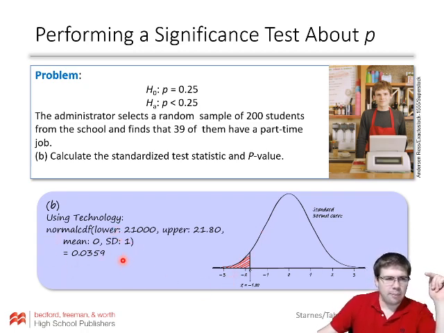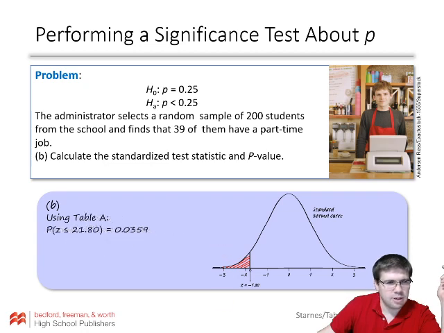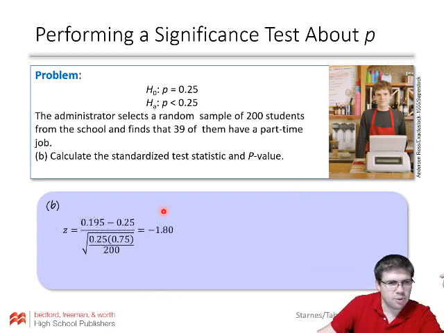So in this case, the lower bound should be negative infinity, negative 1e99, sorry, I made a typo there, up to, and then this should be, what was our z-score? They're copying and pasting some terrible numbers here. Sorry, my z-score, negative 1.8.